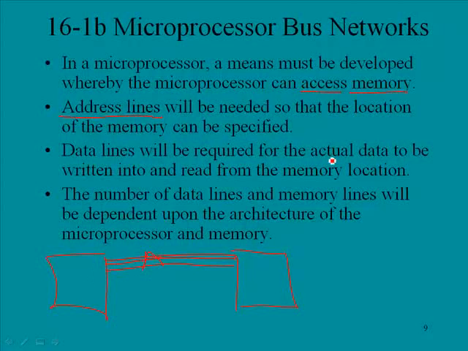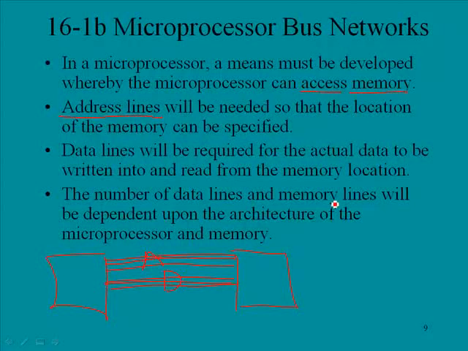Data lines will be required for the actual data to be written into and read from the memory location. So then we have another group of lines, and these lines are going to be used for the data. Now, this is the actual data that's in memory. So the address lines find the data, and then the actual data is moved back and forth between the microprocessor and RAM.